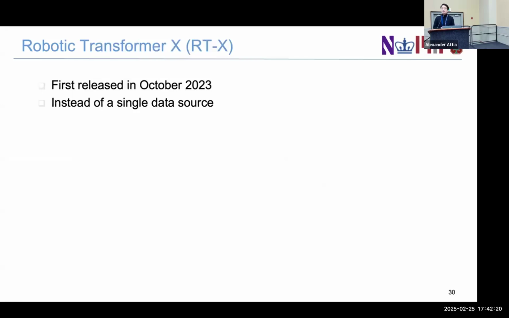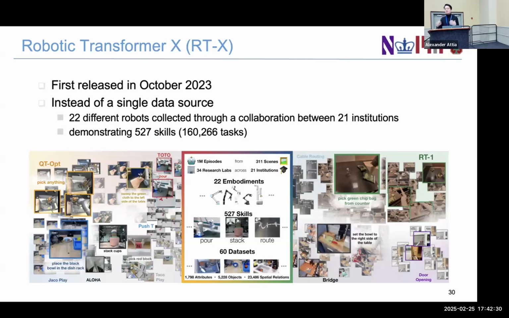What they are trying to do is, instead of just collecting data from a single source, which was the data collected by Google, aggregate a diversified set of datasets from diversified sources. In total they consider more than 22 different robots collected through collaboration between 21 institutions. My lab was fortunate enough to also contribute data to these initiatives.